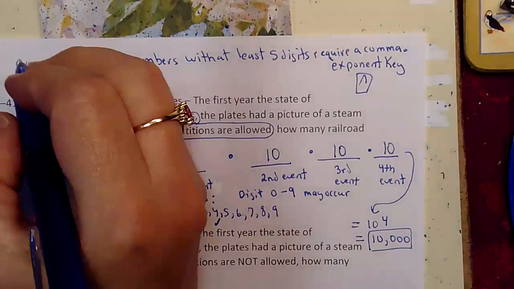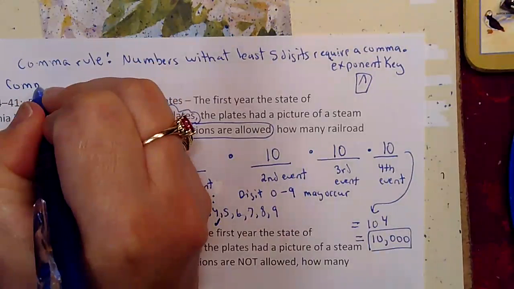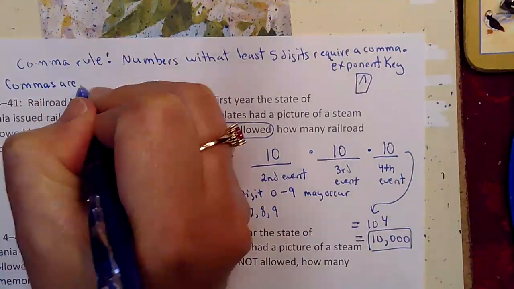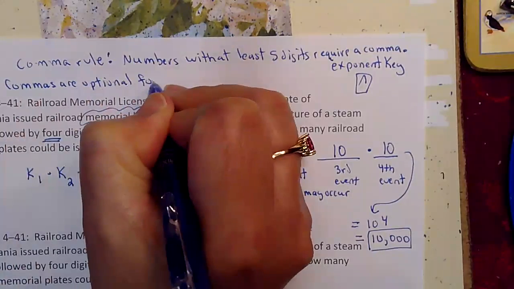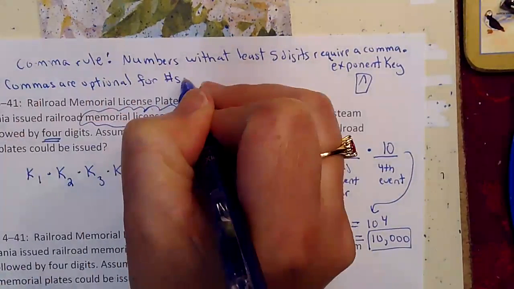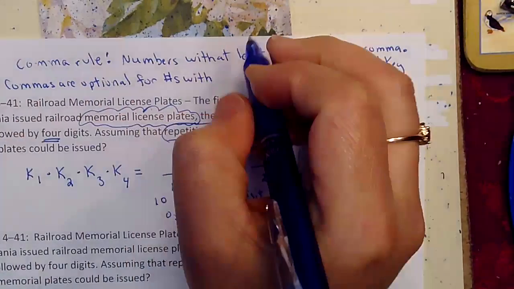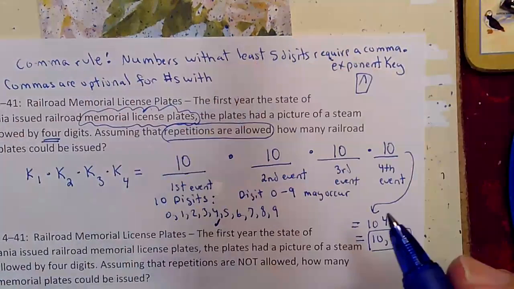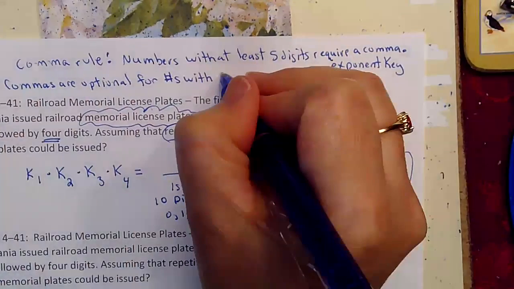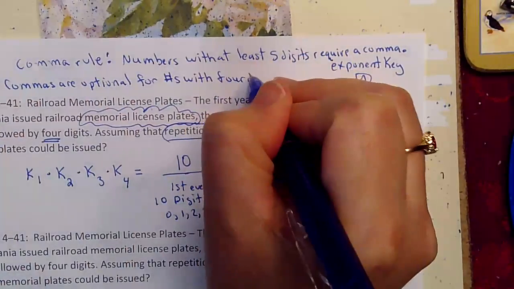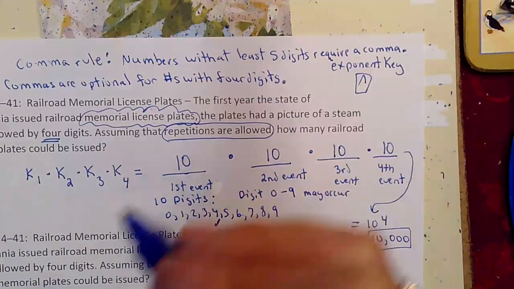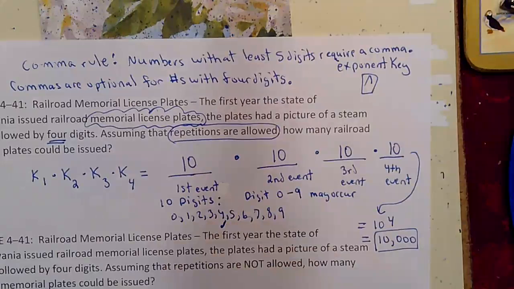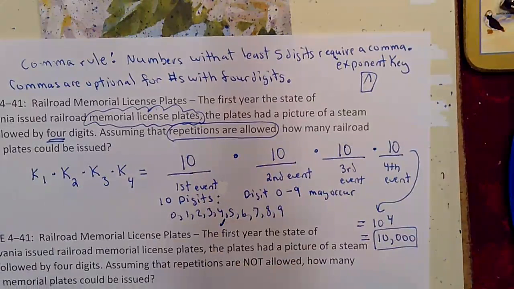But commas are optional for numbers with 4 digits. So if it has 4 digits, you can put a comma or leave it off.